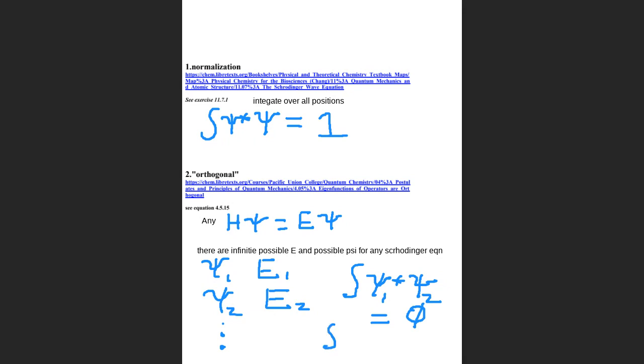That's true anytime it's two different functions. So if I take the complex conjugate of psi 2, multiply it by psi 3, integrate over all the positions, I'll get a 0, and so on.